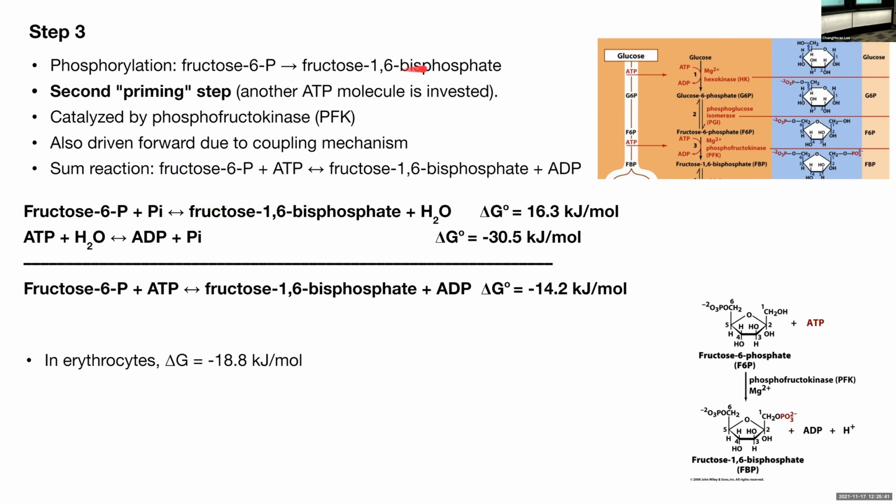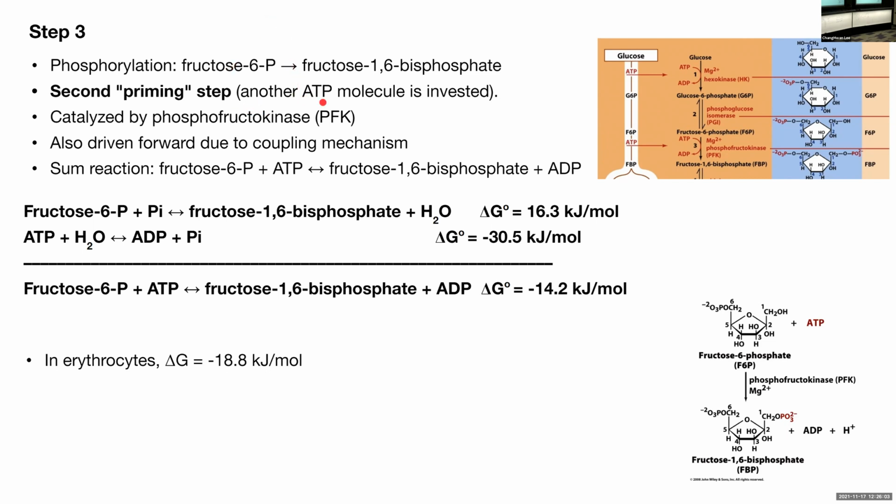And this is a second priming step. Priming is the same as activation, basically, where you invest some energy to bring the molecule to a higher energy state. So later on, you can easily break it down into other molecules without much input of energy.